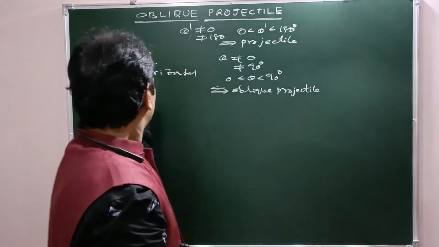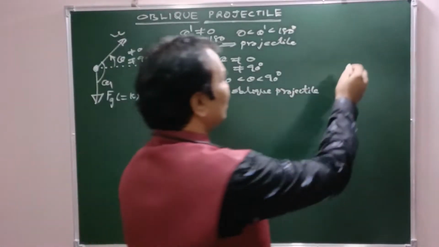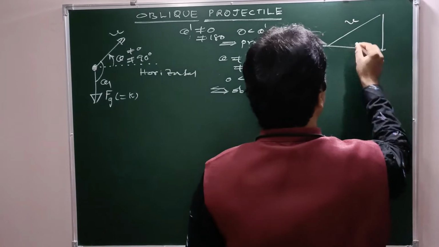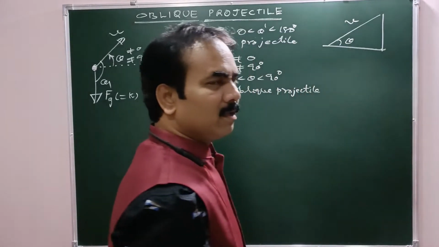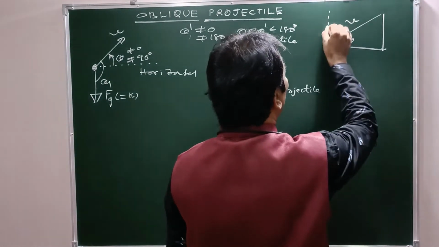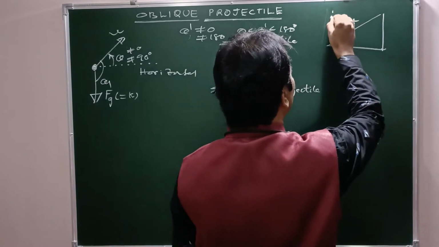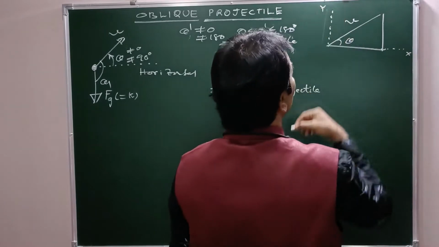Here, the velocity of projection u makes some angle with the horizontal. See, this is the horizontal, right? This can be resolved into two components. This is the x-axis, this is the y-axis, right?